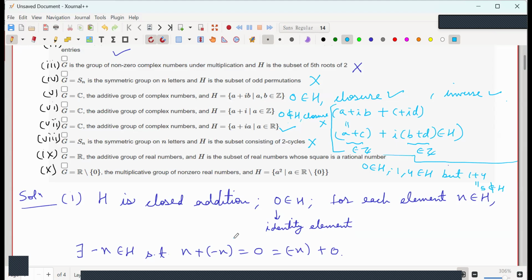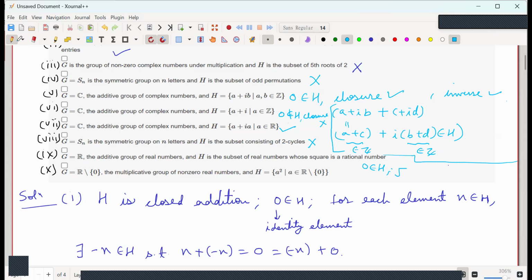Oh, maybe we are making some mistake. H is the subset of real numbers whose square is a rational number. We are doing it the other way. We can take root 2, sir. Root 2 and root 3. So I was just thinking in another way, whose square root is a real number. So 0 is there.